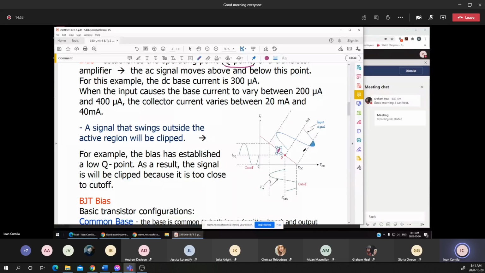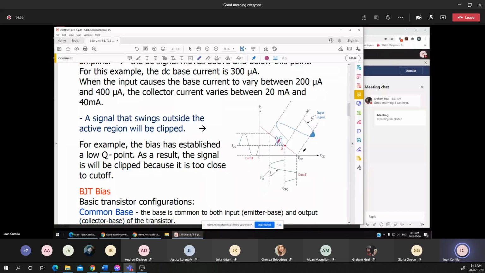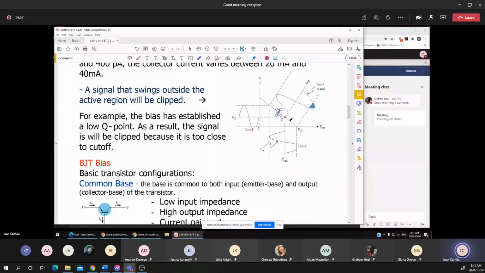I say, no, it's right here. Suppose that we didn't choose the right Q point for a transistor or for a circuit, and this is what is going to happen if we are applying or superimposing an AC voltage on the DC conditions.